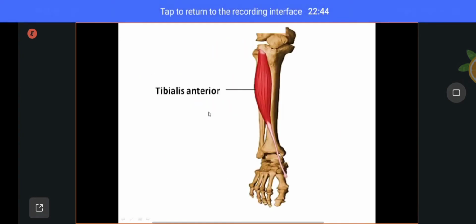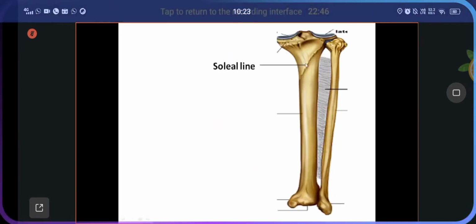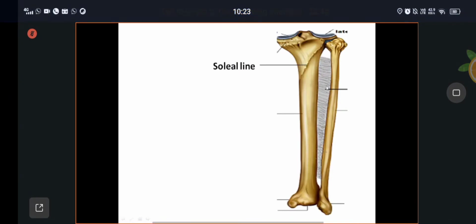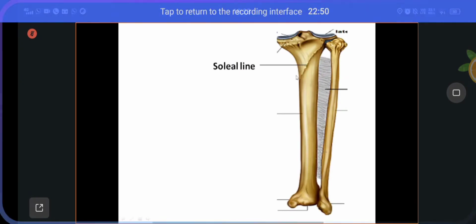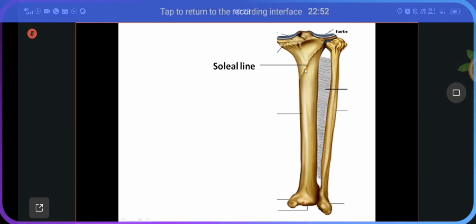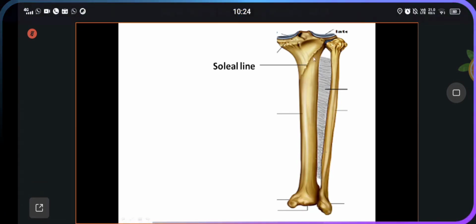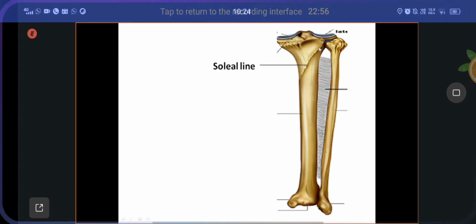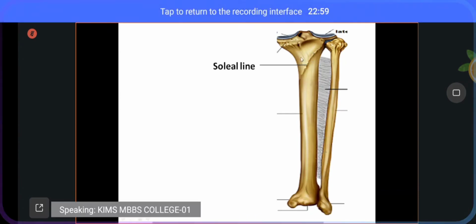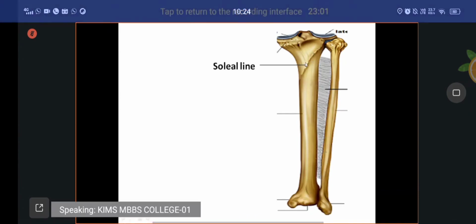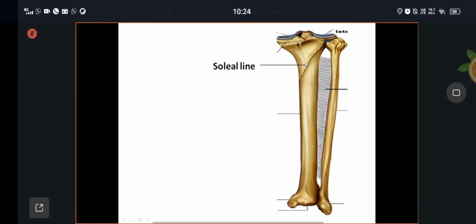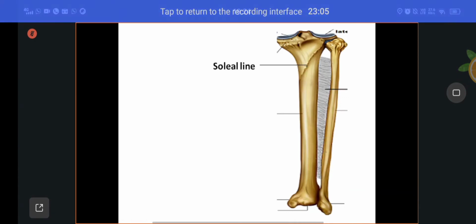there is a line called the soleal line present on the posterior surface of the tibia. I will show that. Here you can see, this is the posterior surface of the tibia. In the upper part, there is an oblique line. It is a linear bony elevation. This rough line is called the soleal line.